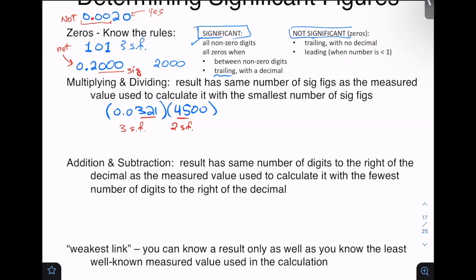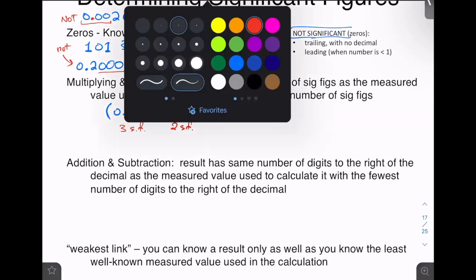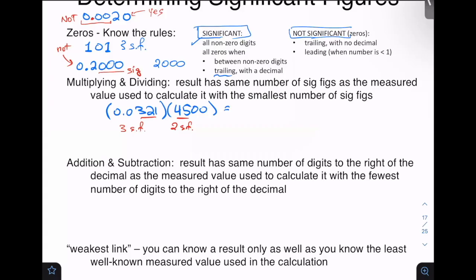So 0.0321 multiplied by 4,500, and my calculator says that the answer is 144.45. Now, the calculator has no idea what's significant and what's not significant in the numbers I put in. So you need to take a look at this.